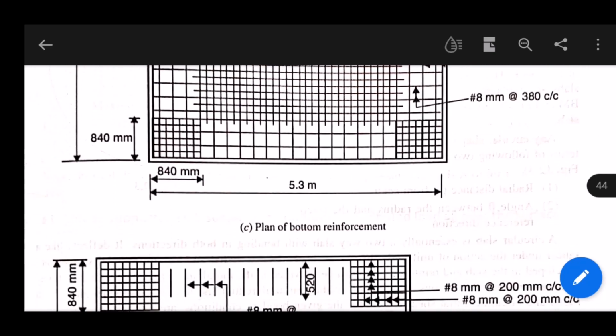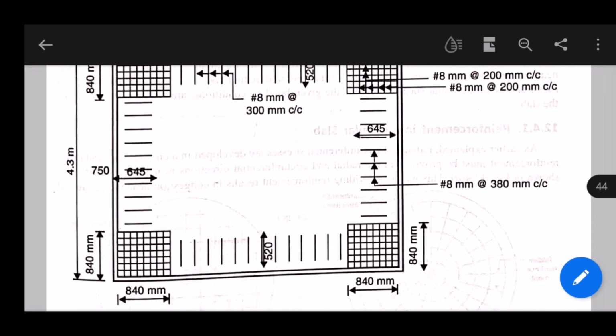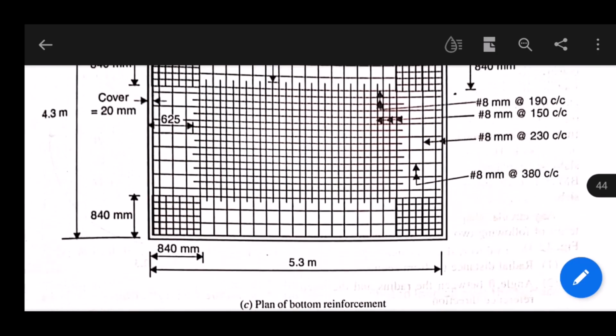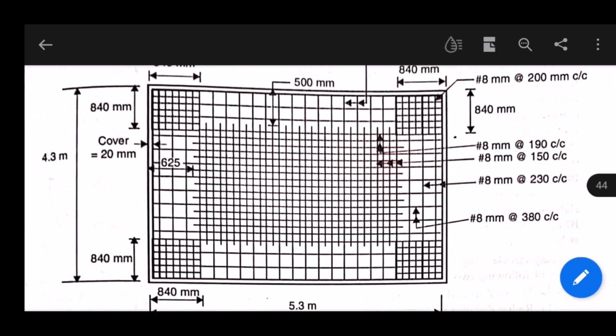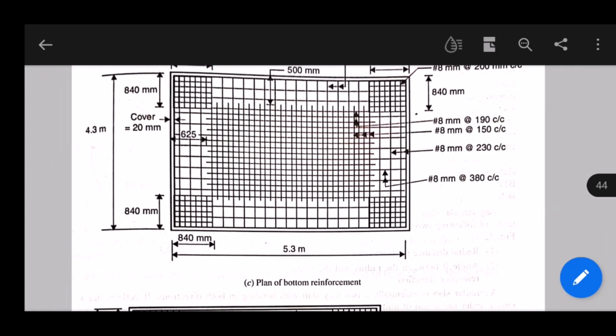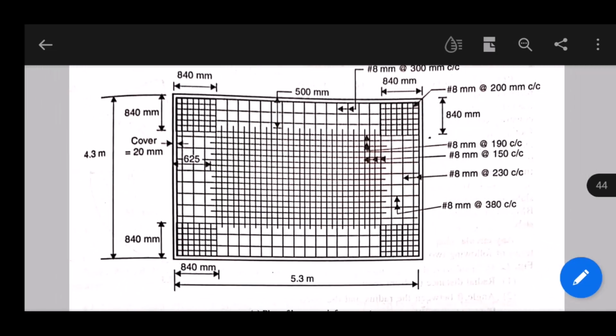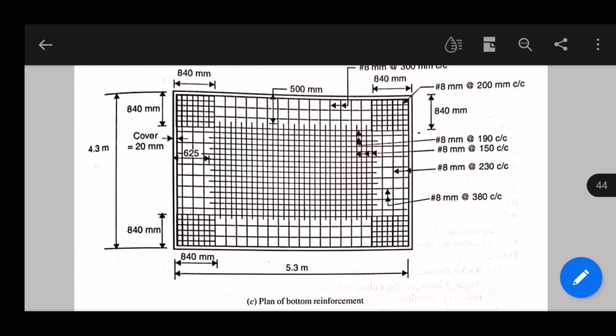So this is another view, which is of top reinforcement. Here edge strip and mesh are given, but middle strip is not given. And this is the main drawing. So here the problem ends. Thank you.